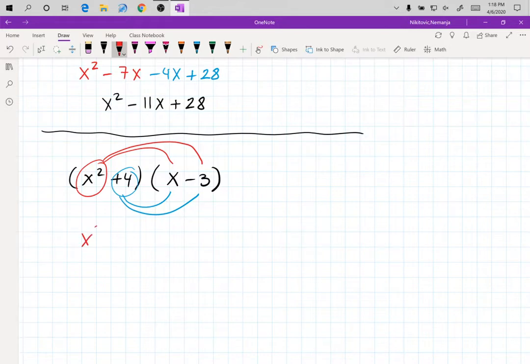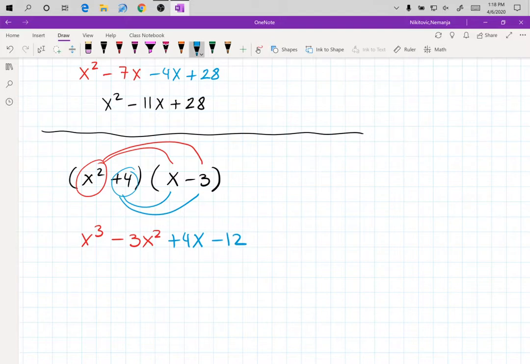So we start with x cubed. Then I am going to multiply x squared into negative 3 and get negative 3x squared. Then I have the blue, which is plus 4x, and finally negative 12.